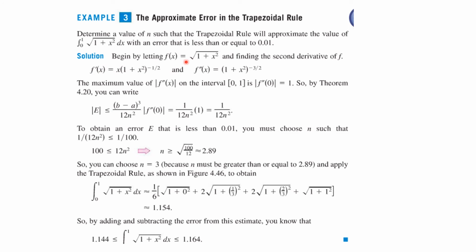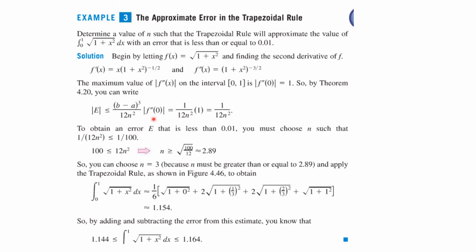Well, here is what f of x is, and we find the second derivative. This is the first derivative, and this is the second derivative. Now we're on the interval 0, 1, so x is less than 1. The maximum value of this on this interval, because it's a decreasing function, is obtained when you're at 0, and so that means it's 1.